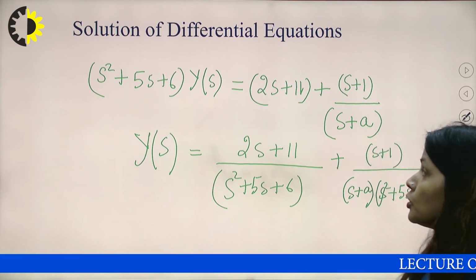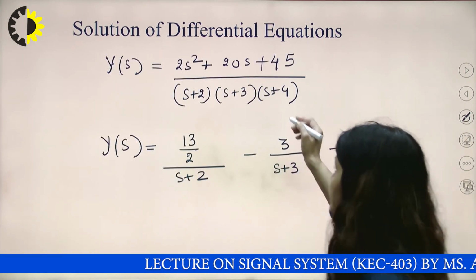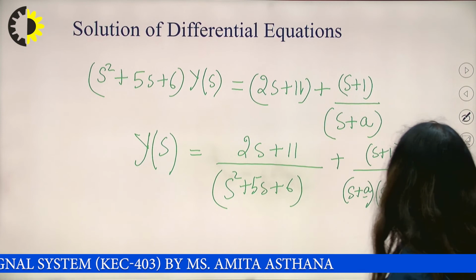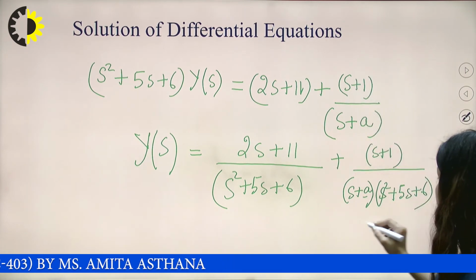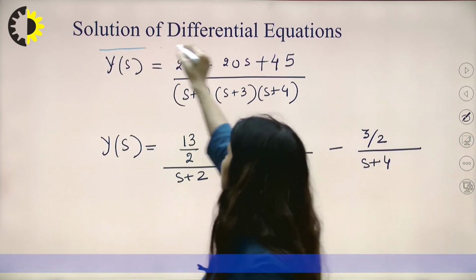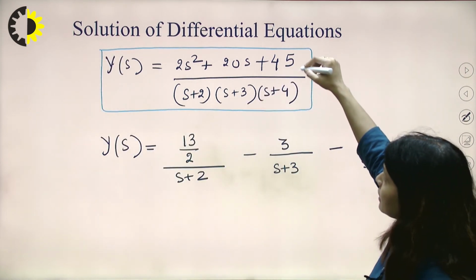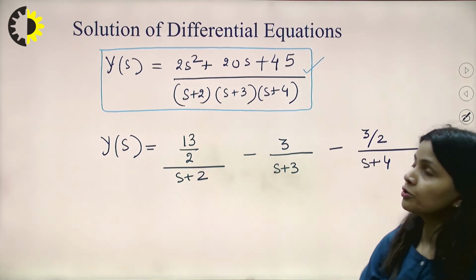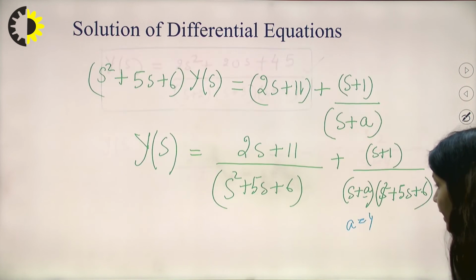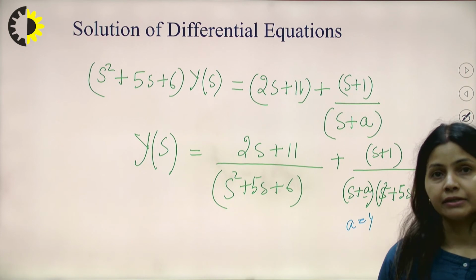So let us assume a value for a, and let's say a is equal to 4. When a is equal to 4, on solving all these terms we get the expression for Y(s) to be (2s² + 20s + 45) upon (s + 2)(s + 3)(s + 4), as the factors of s² + 5s + 6 are (s + 2)(s + 3).